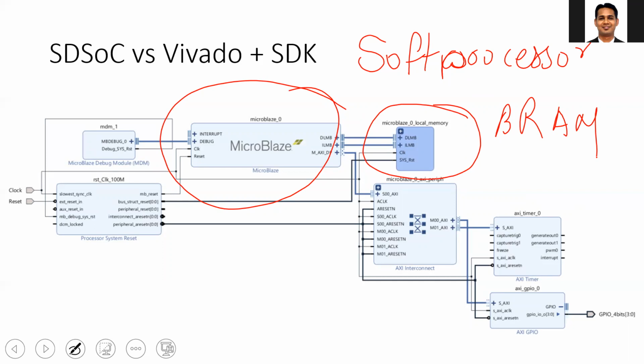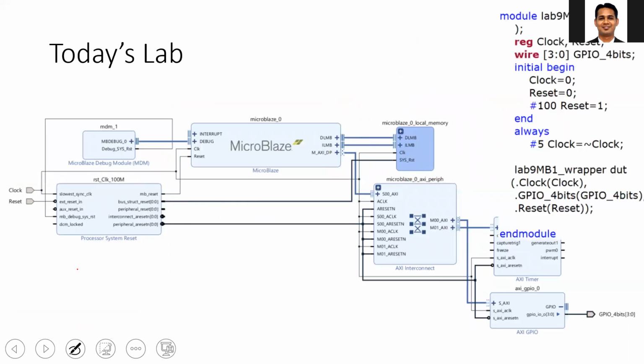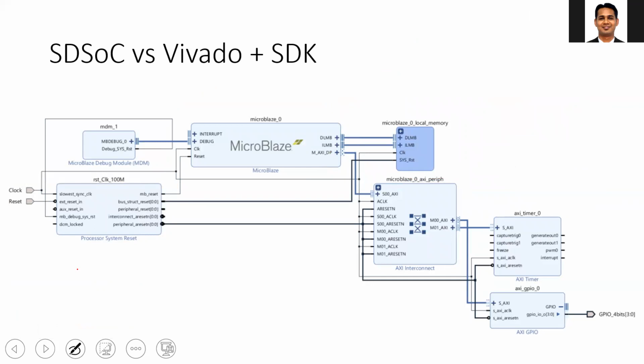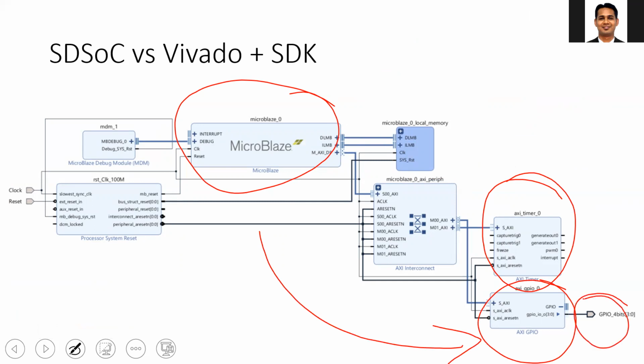So for example, this is one of today's labs we are going to work on. We are going to have the microblaze processor, then we are going to use two IPs: one is the timer IP and the other is the GPIO IP. We are going to write something on this GPIO IP, and we will see whether the data is available on the output of the GPIO.